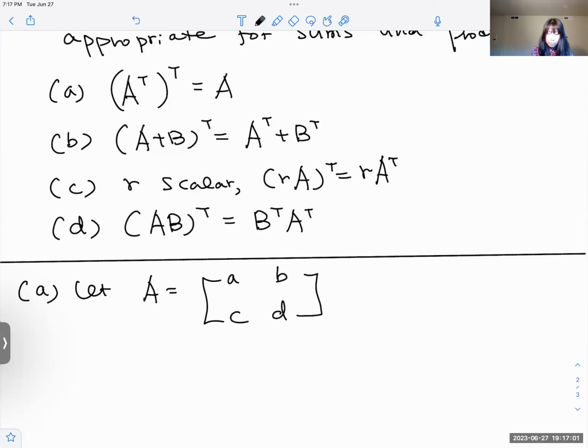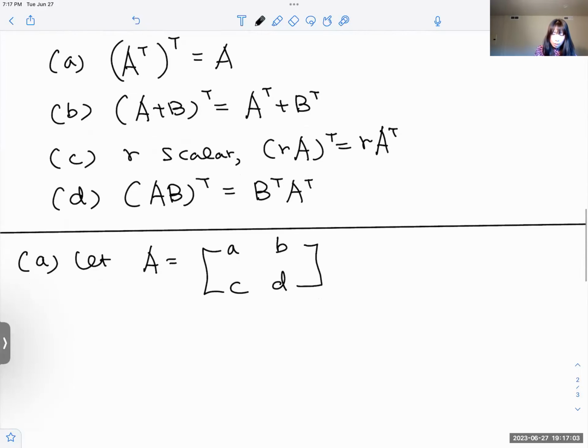A transpose: row will be column, so a, c and b, d.